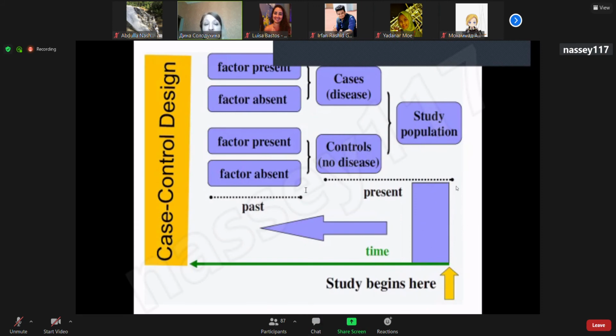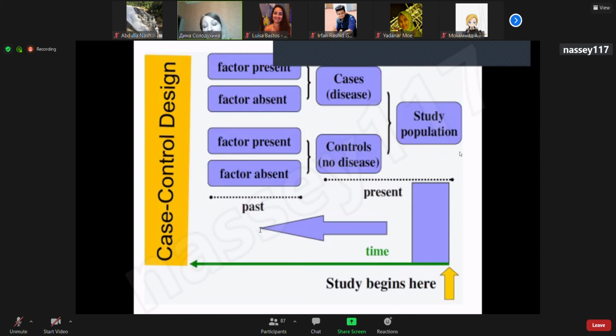For example, cases have a disease, and a comparison group, a control group, are free from disease. Then we look back in the past of the subjects and check whether they had a factor that potentially presents exposure or they didn't have this factor in the past.